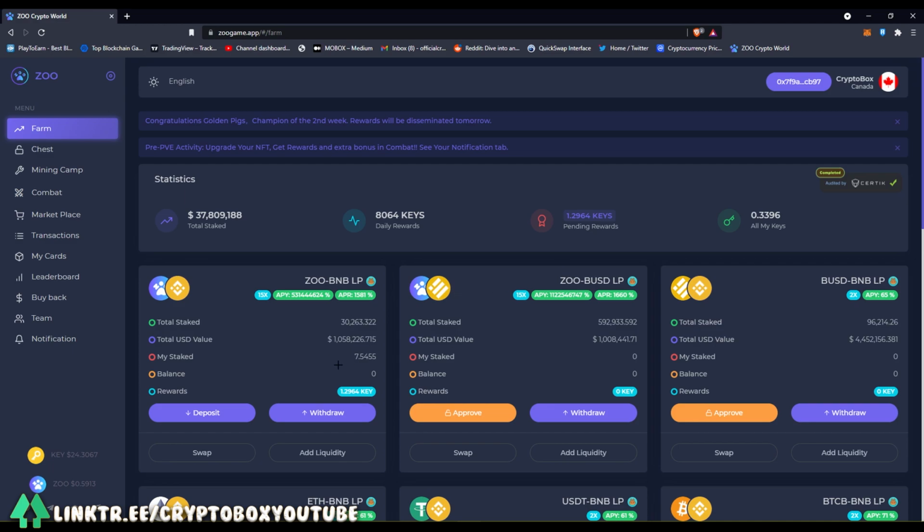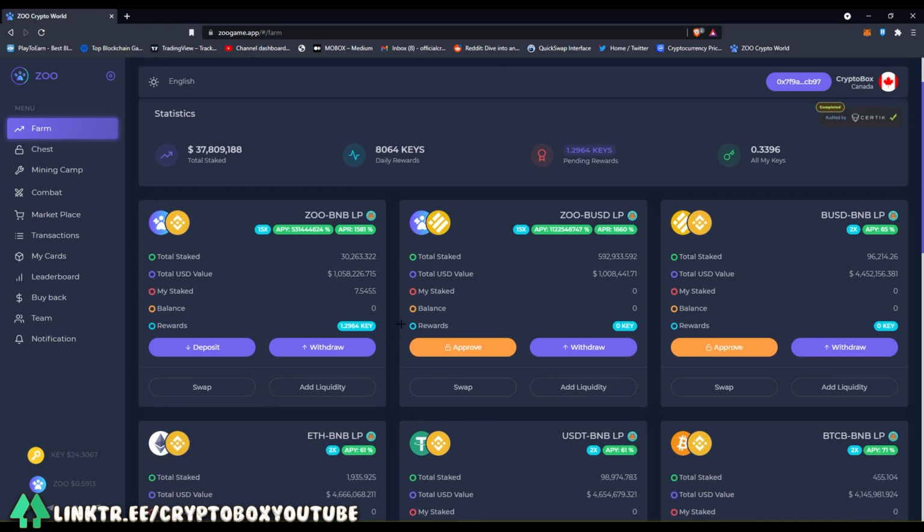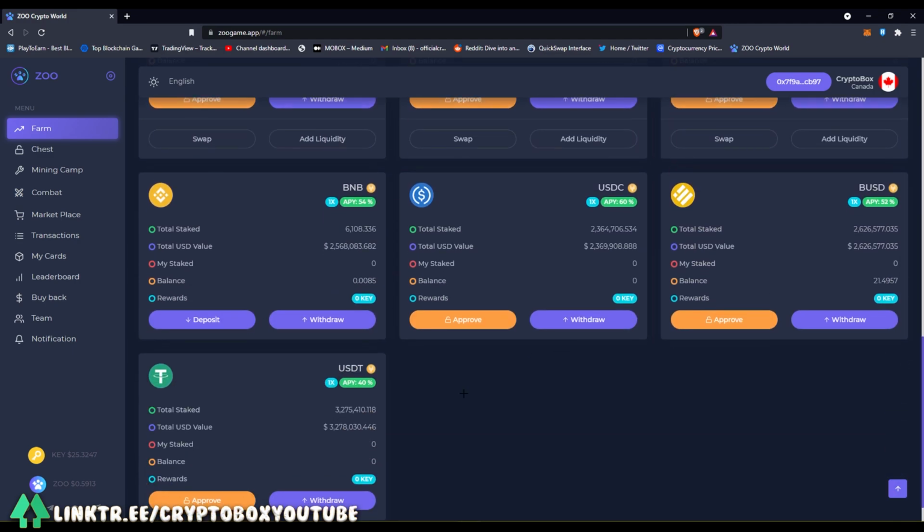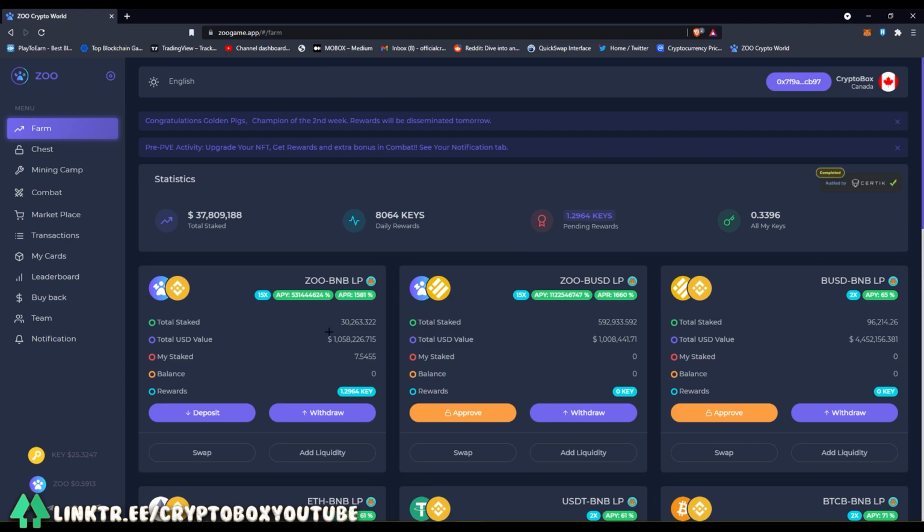So right now I am staking in this zoo to BNB pool, and I have a few different pools here. And from what I've done so far, I remember putting half a BNB and half zoo. So I had one whole BNB. I split that into zoo and BNB when the price was around $1.9.